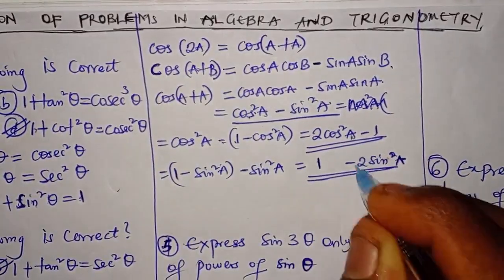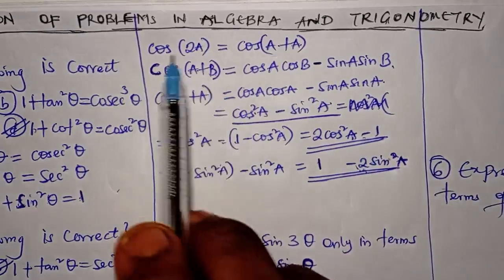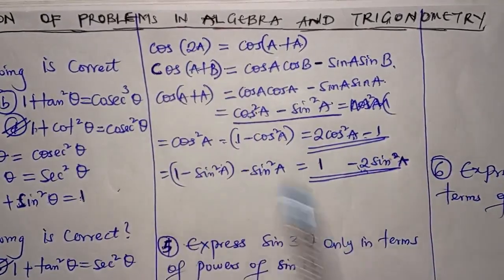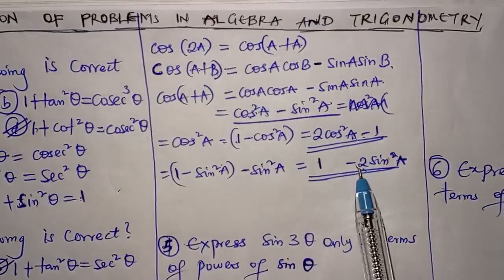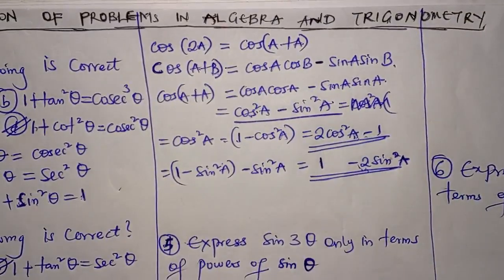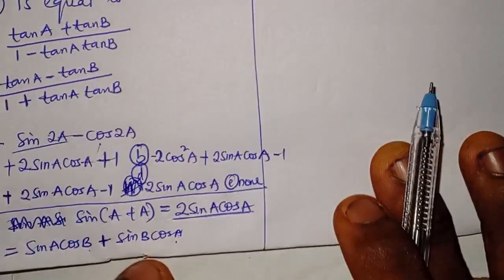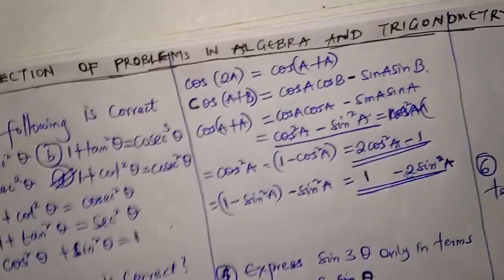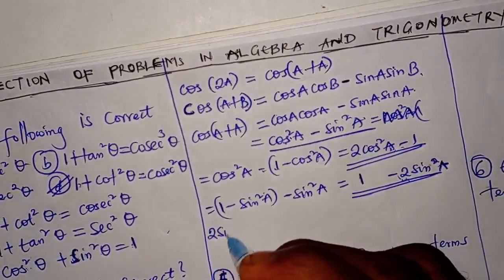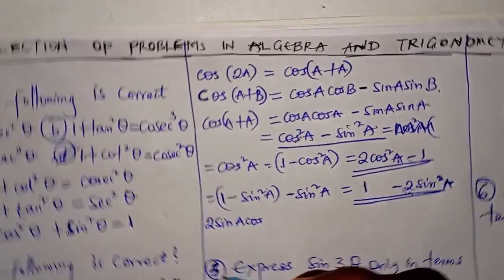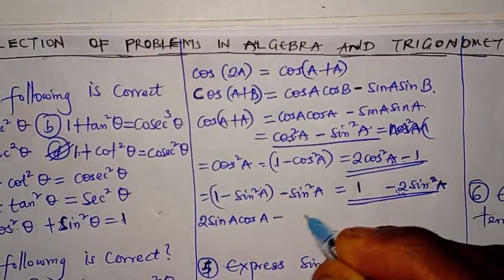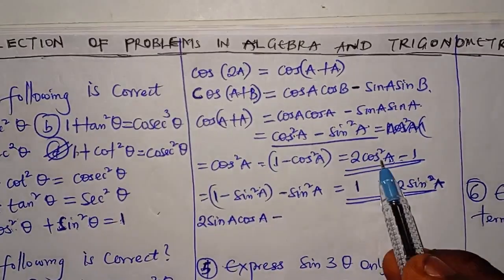So these are all the same for cos 2A. I can write cos 2A as this, or this, or this. The question says sine 2A minus cos 2A. Sine 2A is already 2 sine A cos A. So I'm going to say 2 sine A cos A minus cos 2A, because we have minus cos 2A in the question.